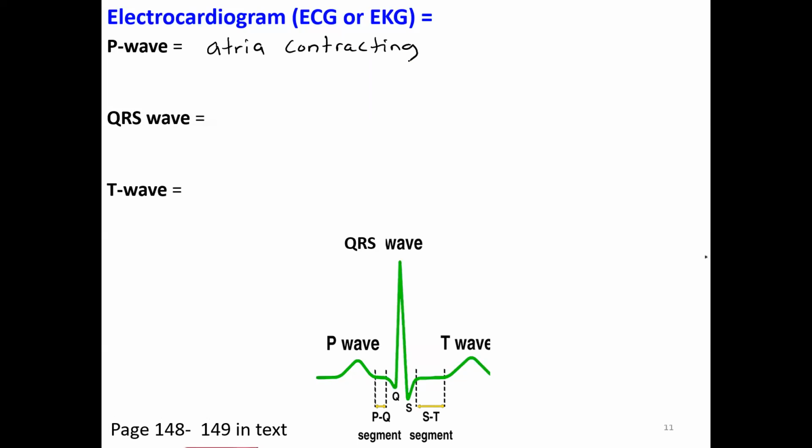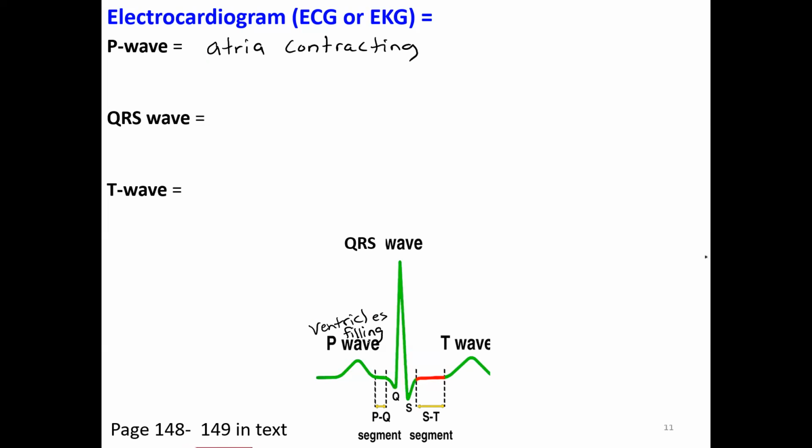The atria have already filled with blood. They pushed open the tricuspid and bicuspid valves, and blood is actually filling the ventricles. So really what's happening here is ventricles filling or filled, because when the atria contract, the ventricles should be now full of blood.